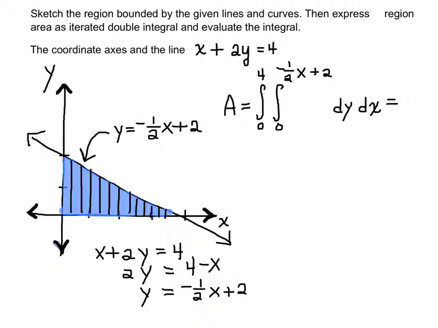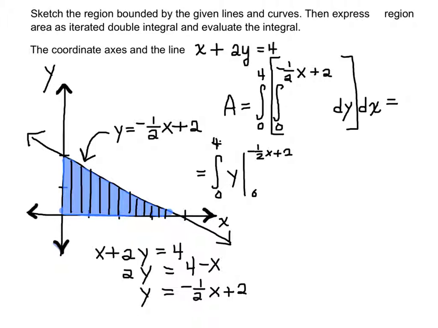So when we do this, we want to first evaluate the inner integral, and that has a variable of integration dy. So the outer integral is from 0 to 4, and for the inner integral, the antiderivative of dy is y, and y is evaluated from 0 to negative 1/2 x plus 2, and then we have our dx.